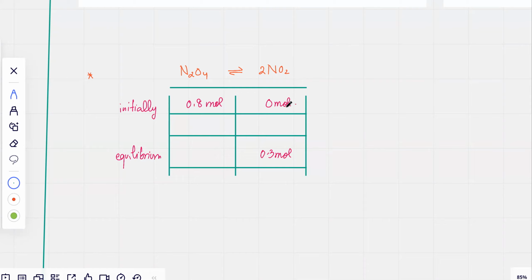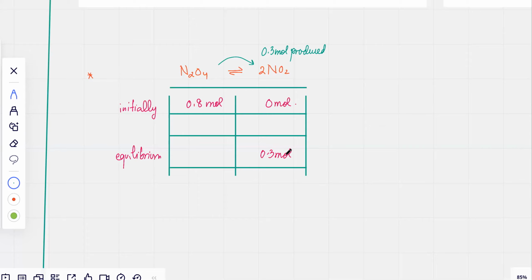So that indicates that 0.3 moles of NO2 have been produced. A reaction must have occurred. There would have been more forward reaction and 0.3 moles of NO2 were produced. Ahmed, is this clear?